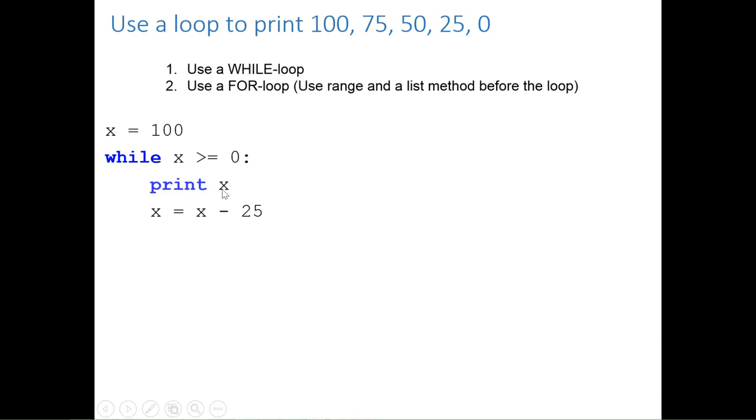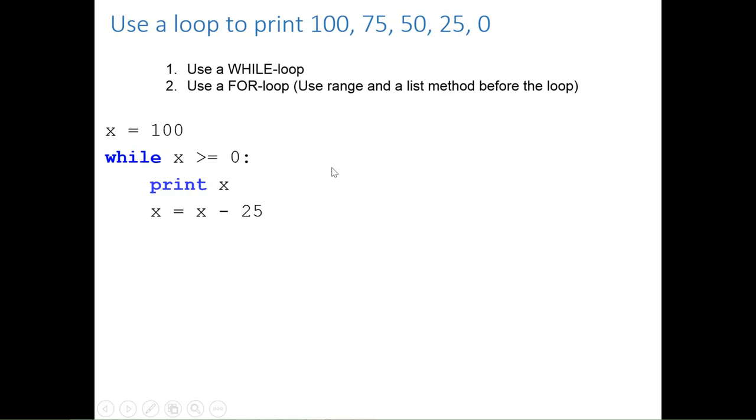It will print 0, and it'll say 0 minus 25. So that'll give us x equal to negative 25. And while x is greater than or equal to 0 will fail because negative 25 is not greater than or equal to 0. So that'll give us our desired results.